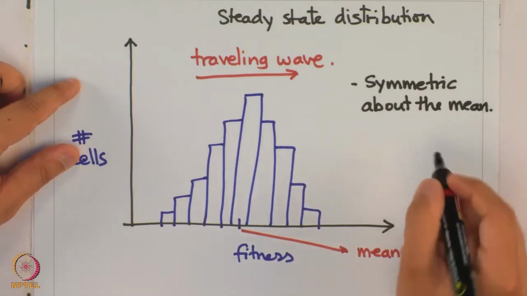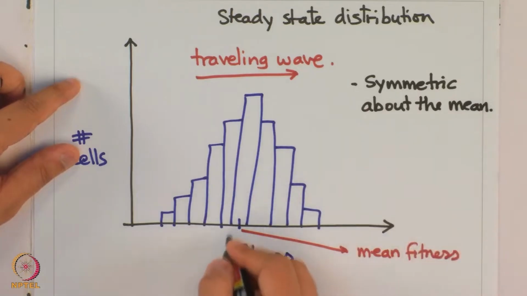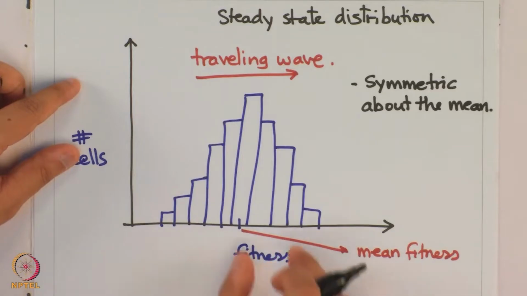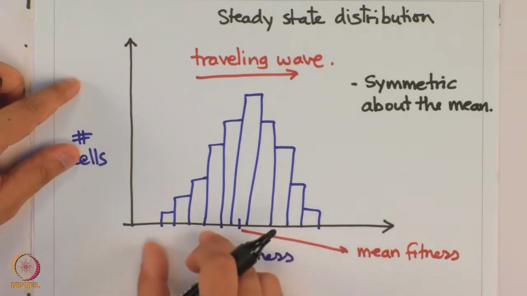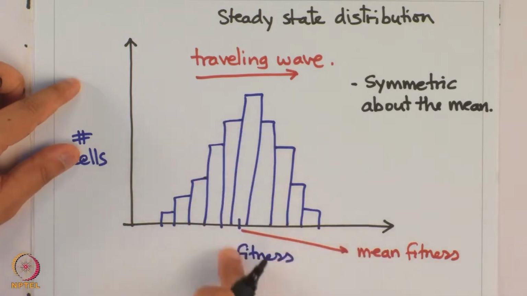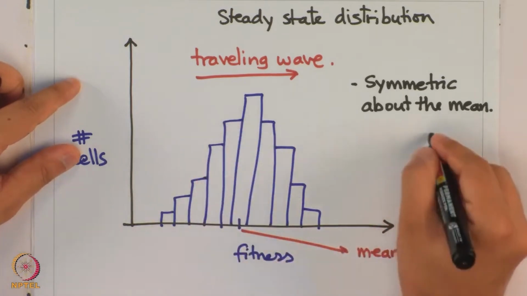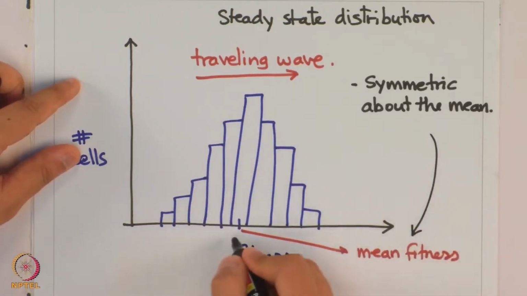What that means is that if this is the mean fitness associated with this distribution, and on either side of this mean fitness the distribution is the same, which means it is symmetric about the mean, then the mean fitness is just equal to the fitness associated with the most frequent genotype in this distribution.